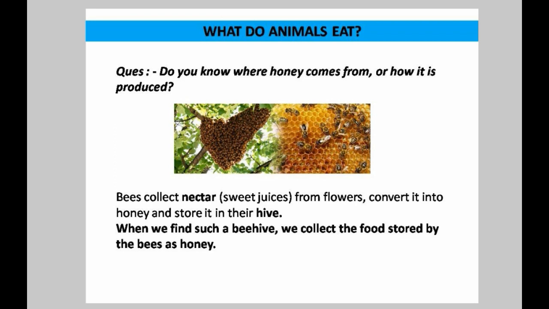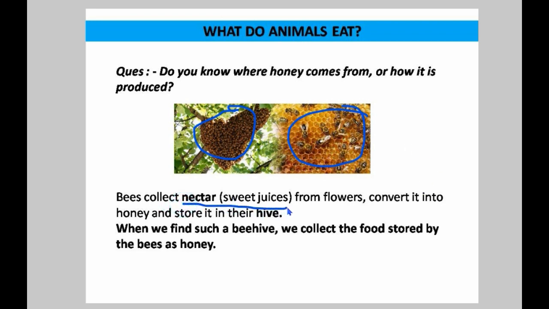But now in this we will be studying about all the animals. First of all, starting from the honeybees. The question arises: where does this honey come from and how do the honeybees produce it? So here you can see the picture of a beehive, and this is how the bees are collecting their sweet juice, or you can say honey. Now bees collect the sweet juice.